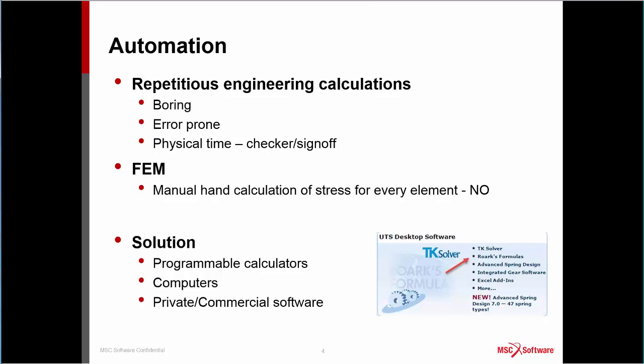Everyone accepts it. Everyone's doing it. We can do these on programmable calculators. You've got private commercial software, where some might remember TK Solver. It's still around, where they had brought in formulas from Roark's handbook so that you could just go through an interface and calculate things.